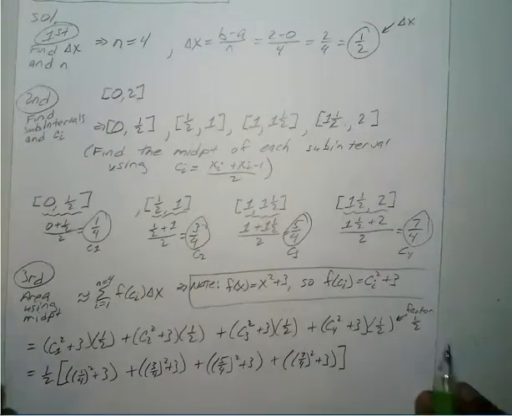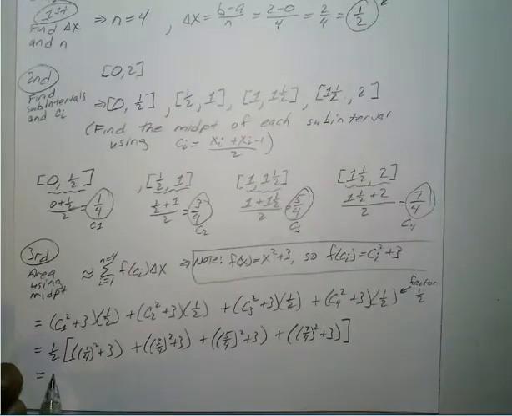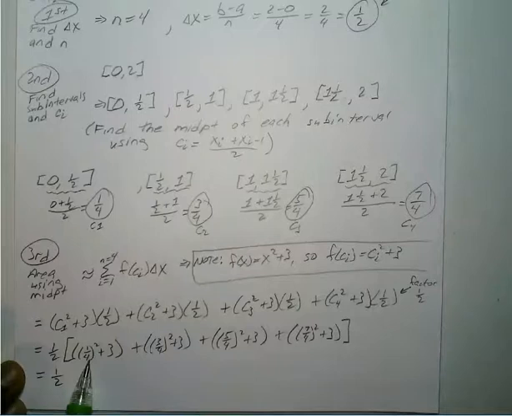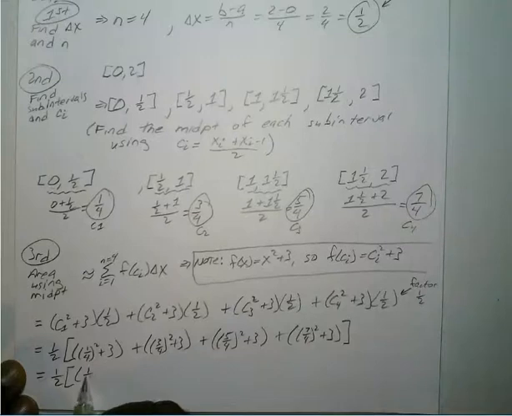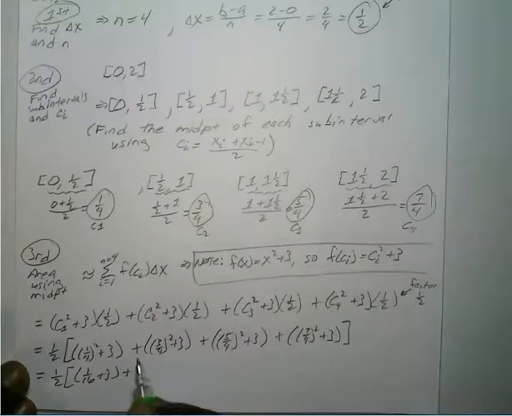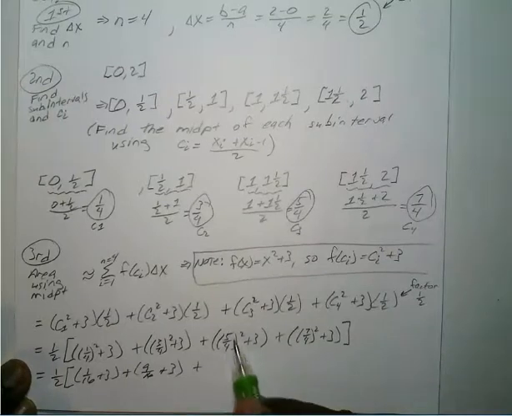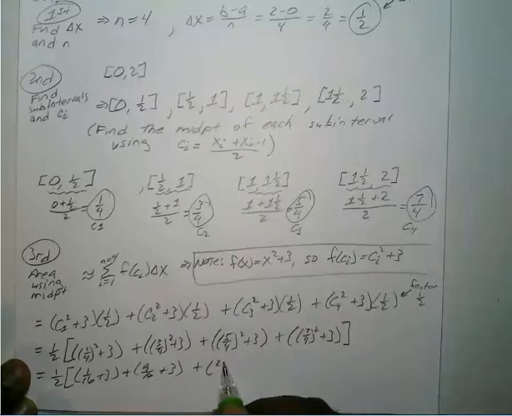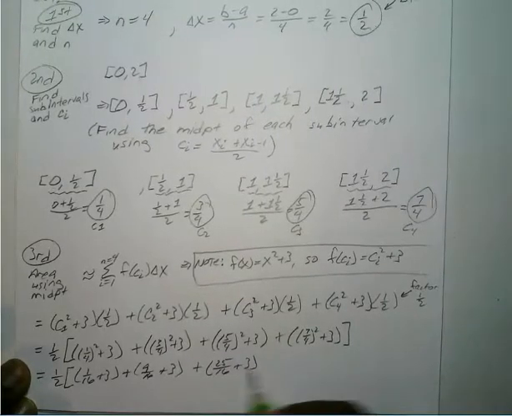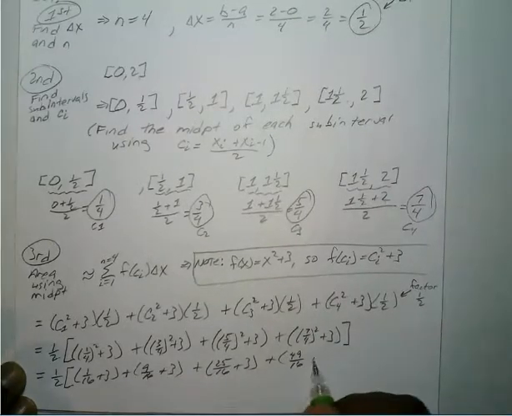Okay, I should be able to finish it on this page. So that should be 1/2 times: 1/4 squared is 1/16, so you have 1/16 plus 3, plus 9/16 plus 3, plus 5/4 squared, which is 25/16 plus 3, plus 7/4 squared, which is 49/16 plus 3.